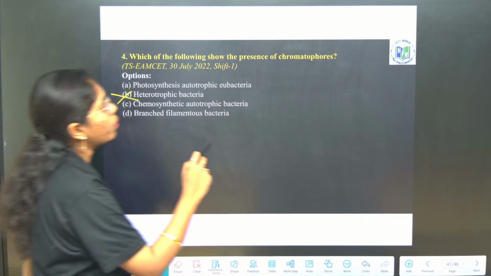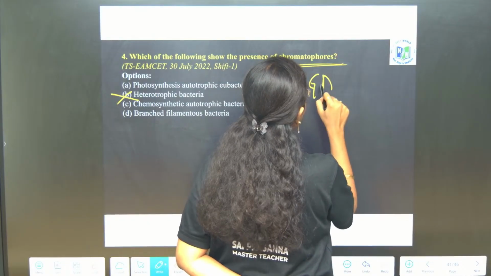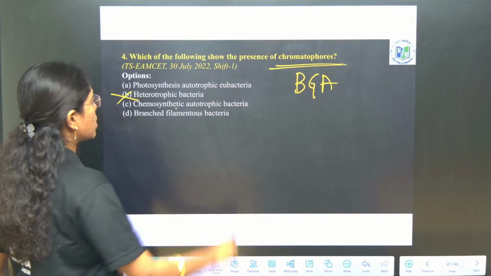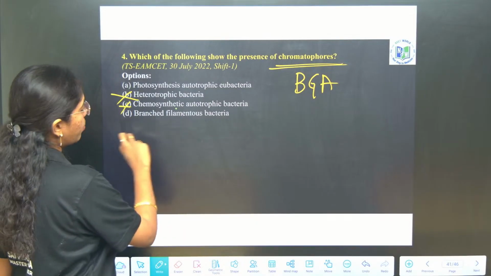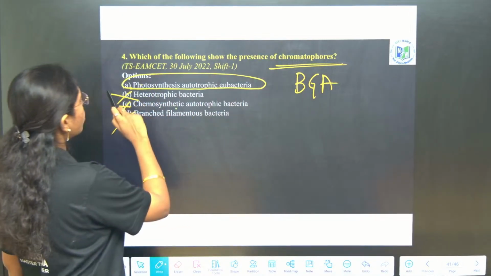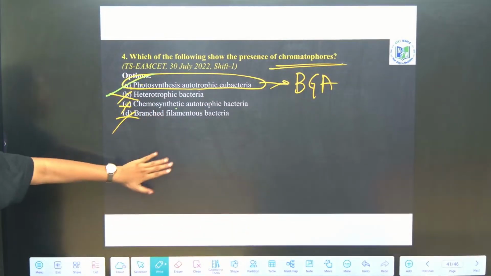No. Presence of chromatophores is observed in blue-green algae, that is cyanobacteria. So, it is not shown in chemosynthetic autotrophs as well. No, it is not a branched filamentous bacteria. Photosynthetic autotrophic eubacteria, that is blue-green algae. So, here what will be the right option? Option A.